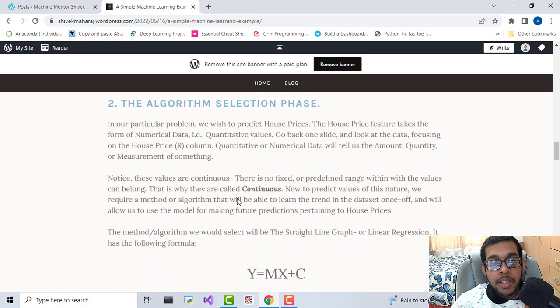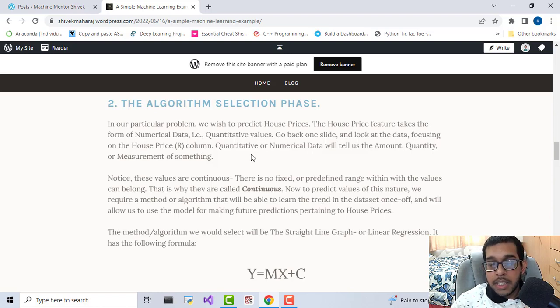Number two, the algorithm selection phase. In our particular problem, we wish to predict house prices. The house price feature takes the form of numerical data, that is, quantitative values. Now go up a bit, guys, and look at the data table, focusing on the house price column.